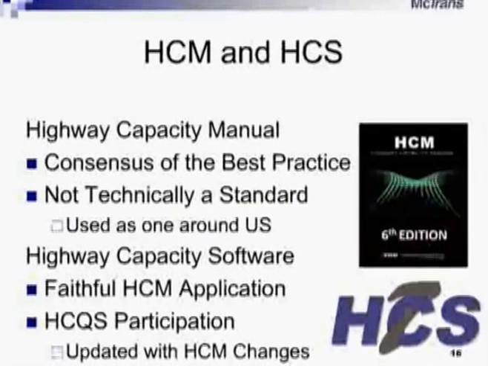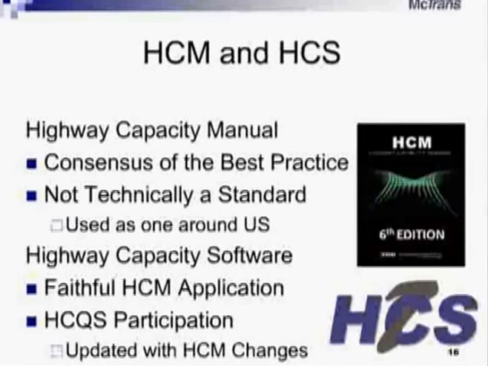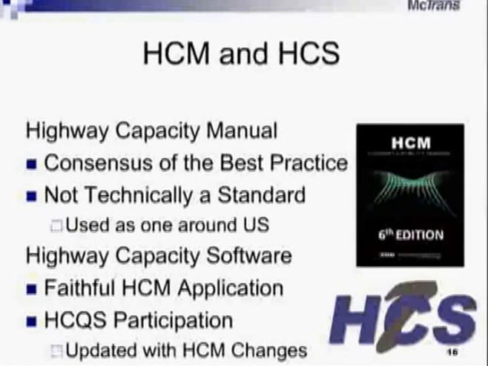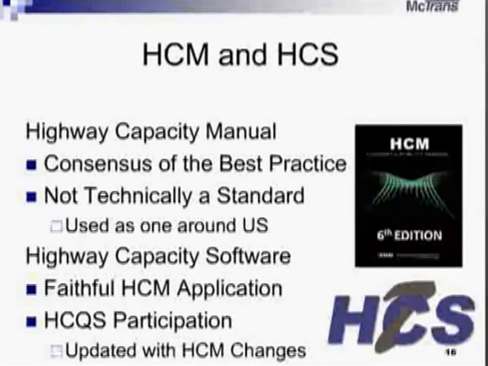Very quickly about HCS. Since the beginning in 1987, we have committed to keep the software exactly implementing the manual. And so we're very faithful to the manual, right or wrong, limited or unlimited. That's the reason we don't model queue spillovers, because the manual doesn't model queue spillover. So just underscoring that part, and we've been going to these committee meetings forever.